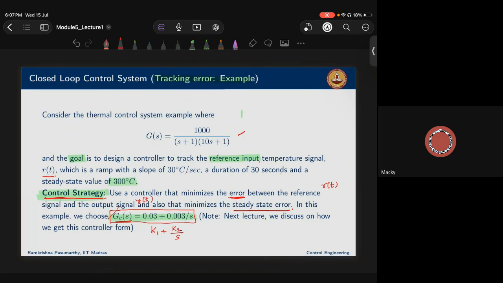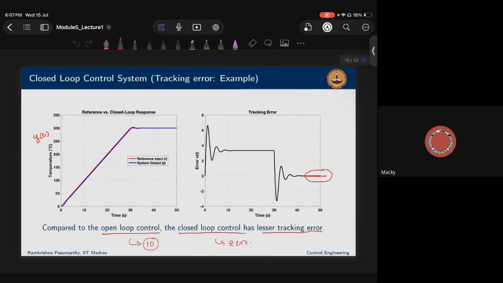Let us say we choose GC of s as K1 plus K2 by s, some expression, and G of s is this. If we plot the results, you can see this. Again, the red one is the same thing, R of t.